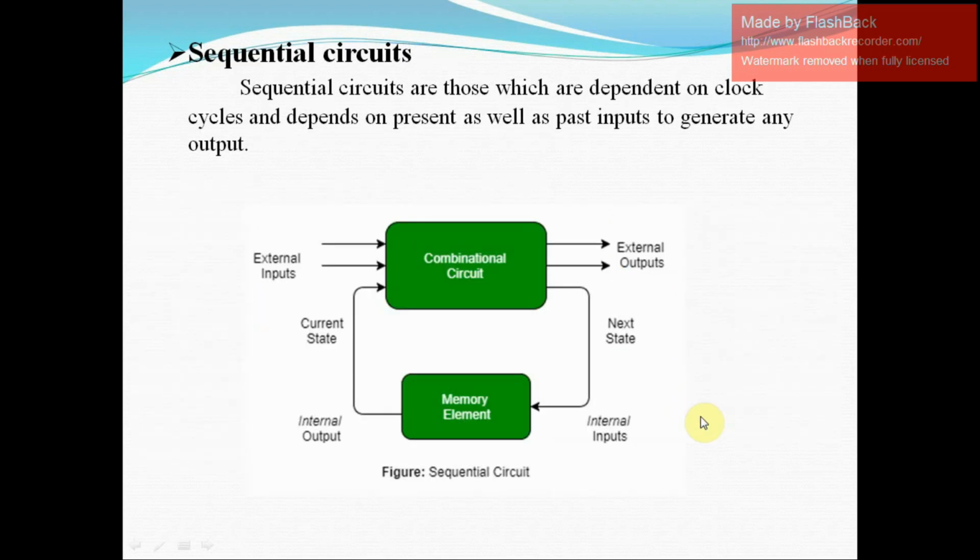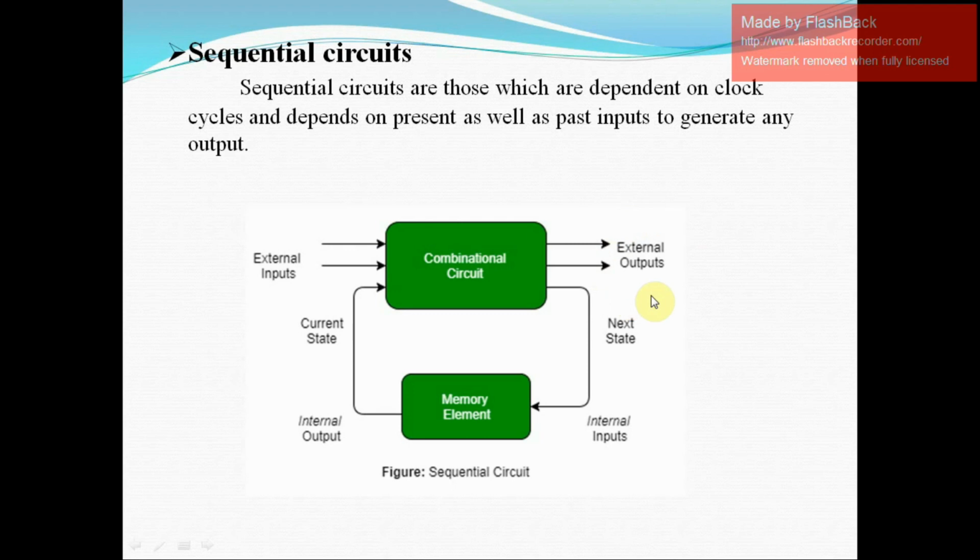Next, a sequential circuit is one that depends on clock cycles and depends upon present as well as past values of the input to generate an output. Here we apply clocks as well as the present input. Since it depends upon present as well as past inputs, we need feedback, and for the feedback we need a memory element, which produces past values of the input.